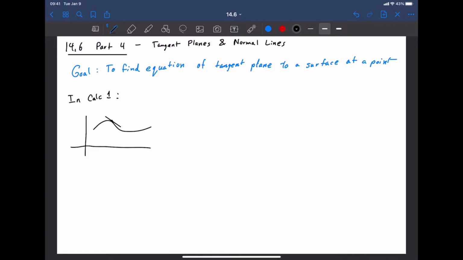In multivariable, in the class we're in right now, in Calc 3, we're talking about a situation where you have a surface, and at some point on that surface, we're getting a tangent plane that's resting on top of that surface, so to speak. Or it could be below, but in this one, the way I'm seeing it, it's on top.